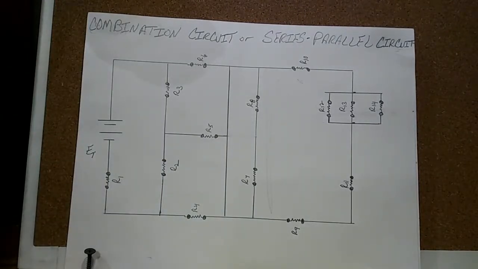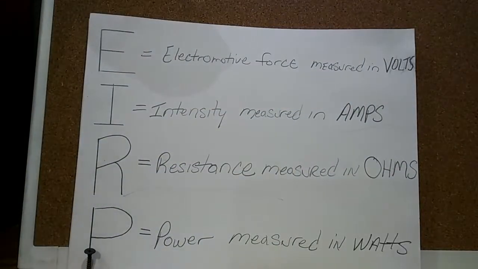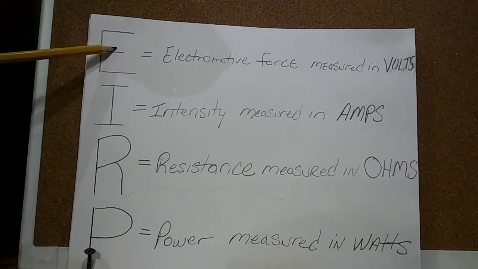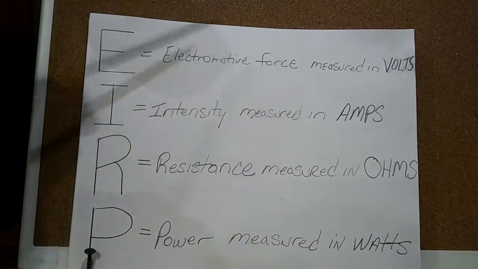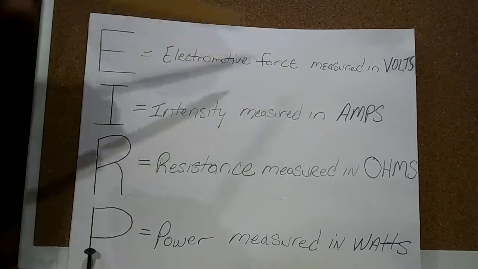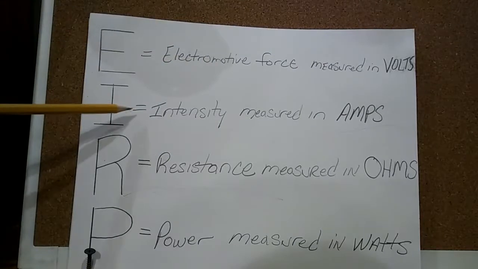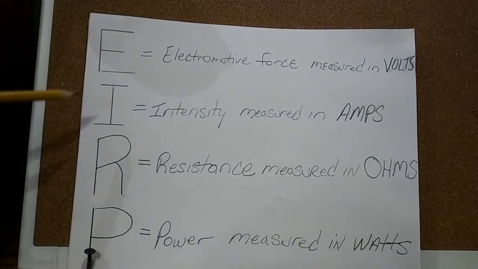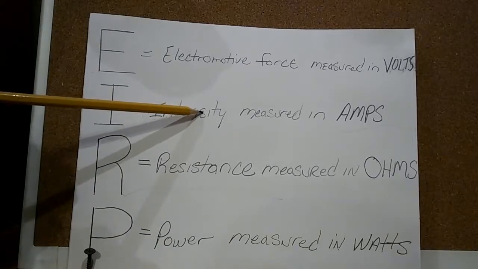Okay, I need to talk to you about the letters that you may see in the formulas associated with a parallel circuit. You will see an E. The E scientifically stands for electromotive force. But in the electrical field, most electricians know it and call it voltage or volts. You'll see an I. The scientific term for I is intensity.